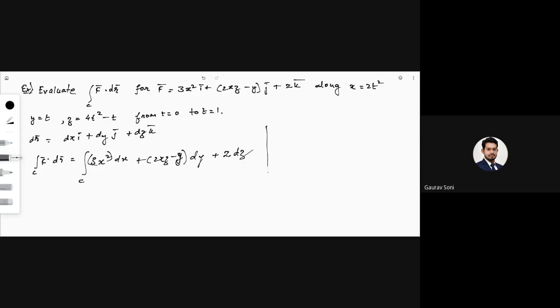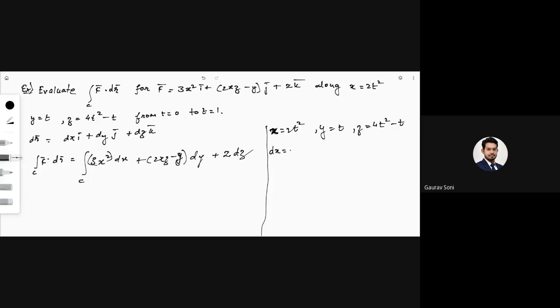Now come to the values of x, y, z. X is nothing but 2t square, y is equal to t, and z is equal to 4t square minus t. So look, in the method for better understanding, I have written that you put x equal to t, but in some cases it may feel that putting y equal to t is much easier, or putting z equal to t. So accordingly you can decide and do the substitution.